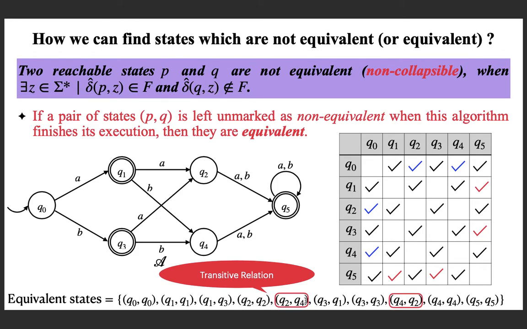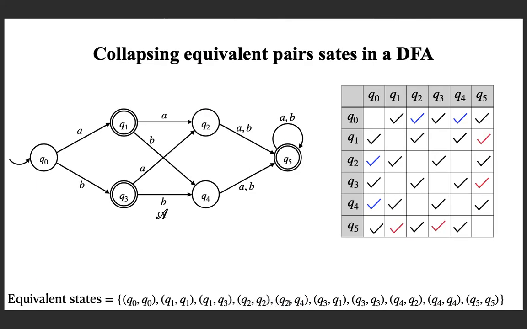Now Q2 Q4, Q4 Q2 demands Q2 Q2, which is there. Next set of pairs Q2 Q4 and Q4 Q4 demands Q2 Q4, which is already here. So we verified that the relation is reflexive, symmetric and transitive. That is, whenever we find that two are equivalent, that is an equivalence relation.